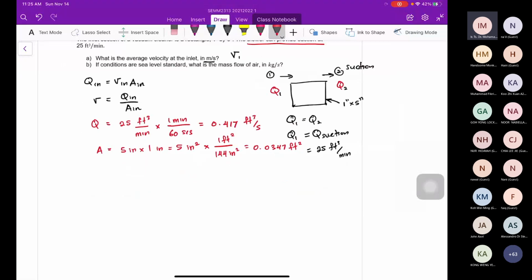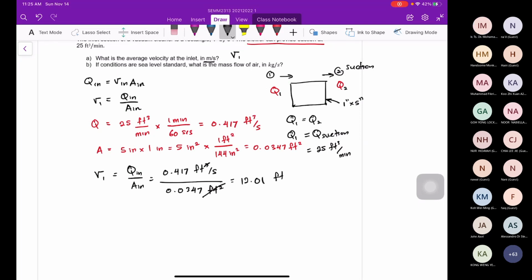So I can get Q in, so that I can get V in. V1 equals Q in over A in, 0.417 feet cubed per second over 0.0347 feet squared. Cancel, cancel.